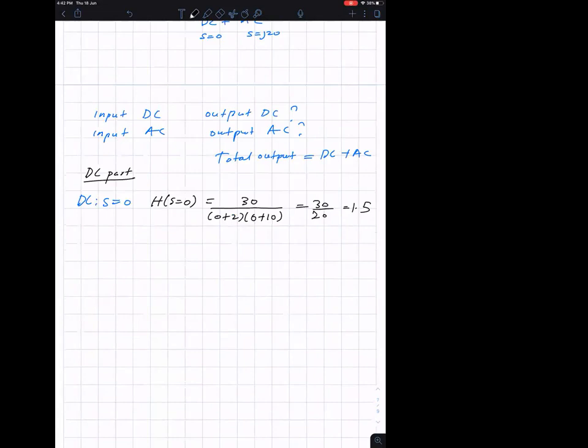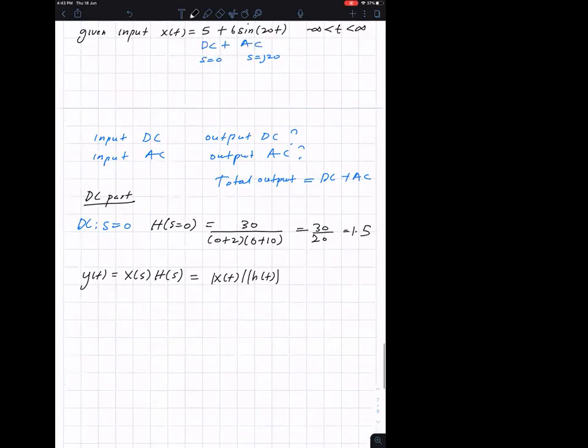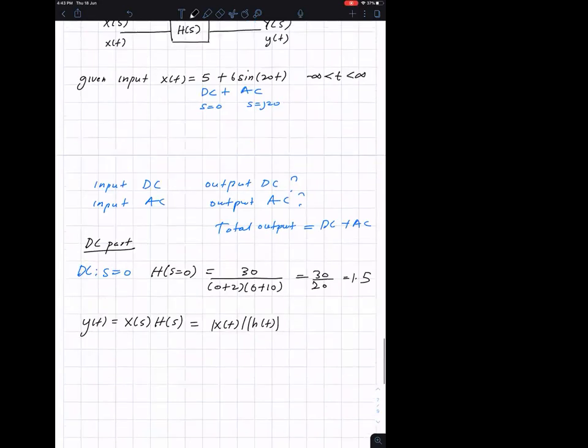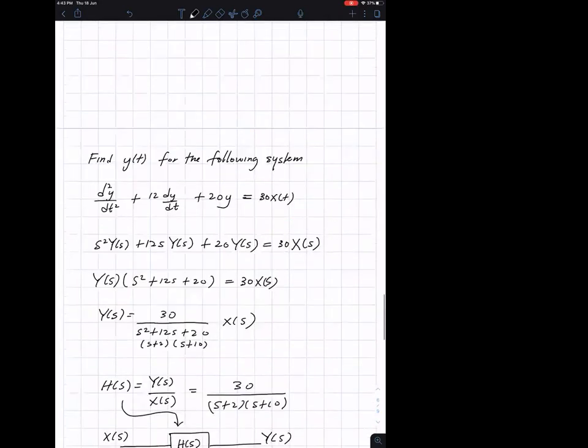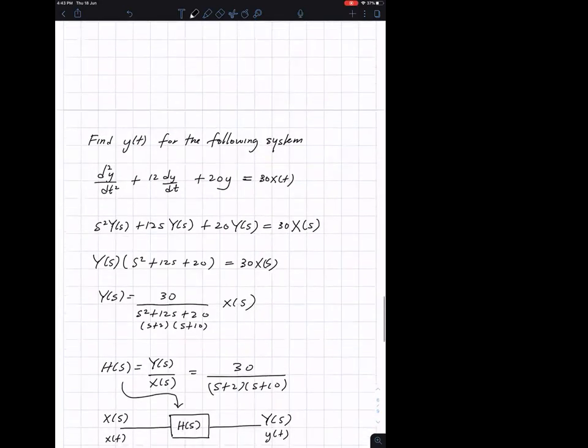For the DC part, what will be the output? It is the input amplitude multiplied by the transfer function or gain, which is H(0), the amplitude in the time domain multiplied by the amplitude of the h(t).